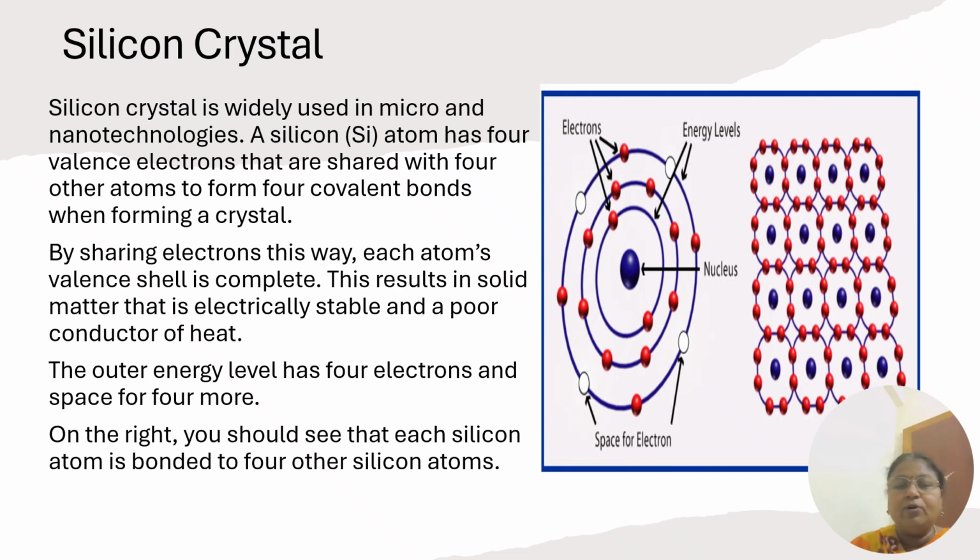It's a covalent bond where the atoms share electrons, so the valence shell becomes a complete structure. This results in a solid that is electrically stable, and sometimes has poor conduction. The outer energy shell has 4 electrons and space for 4 more that it can accommodate. So this is the sharing phenomenon.